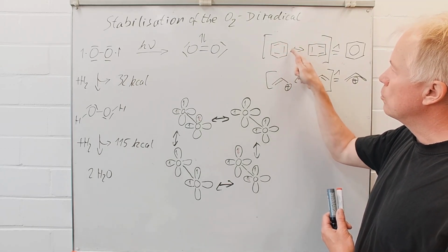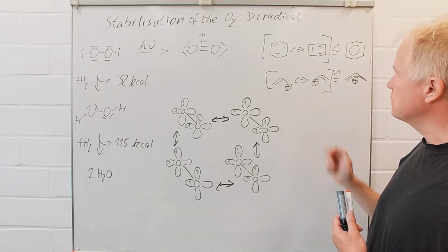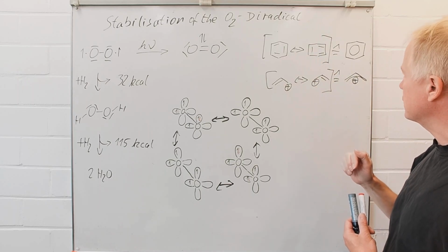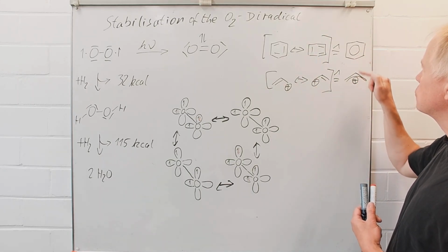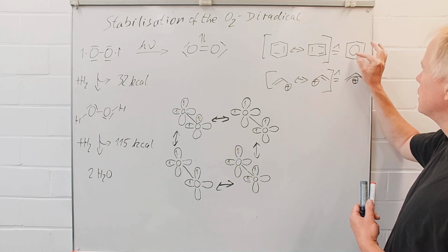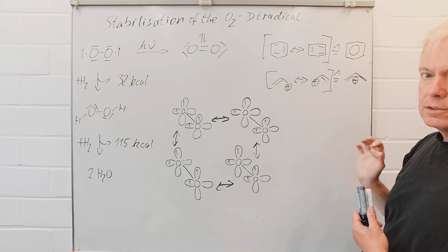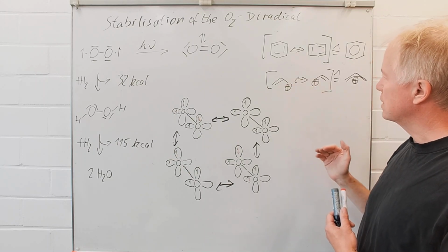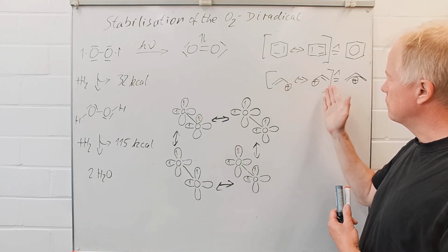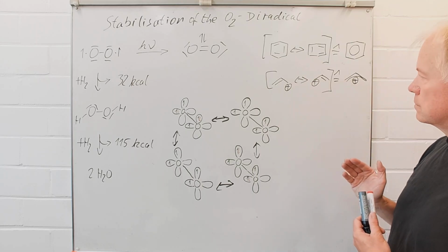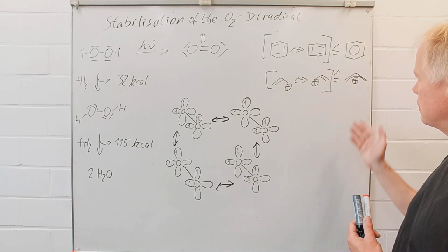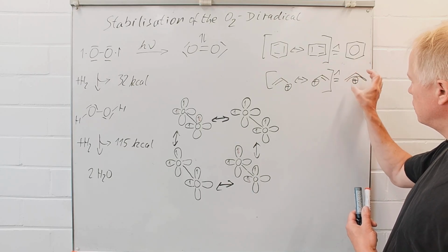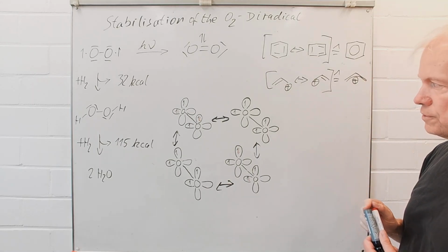Since all bonds have the same length, we can put those mesomeric structures into brackets and draw it like this with the aromatic sextet in the center. Or the allylic cation with one and the second mesomeric structure, we can draw that as a delocalized allylic cation like this.